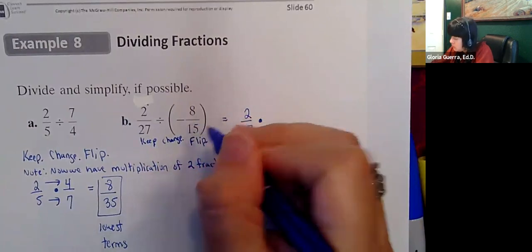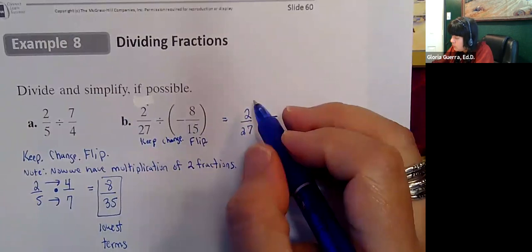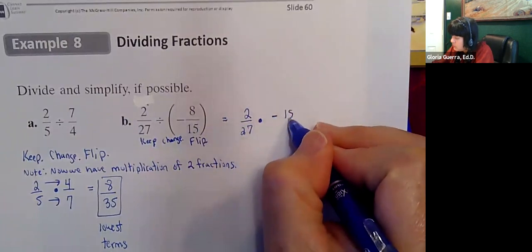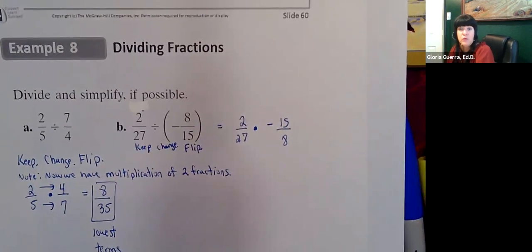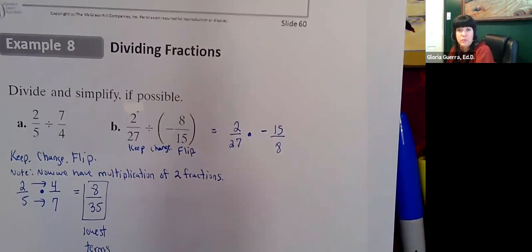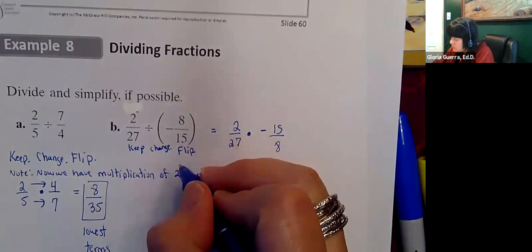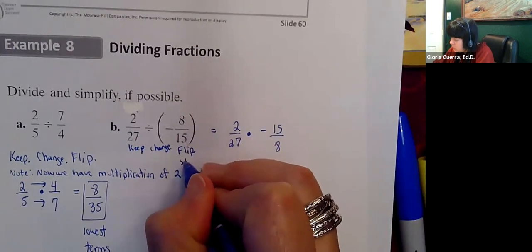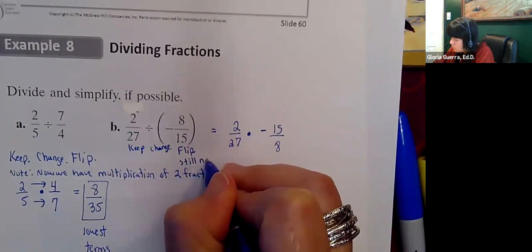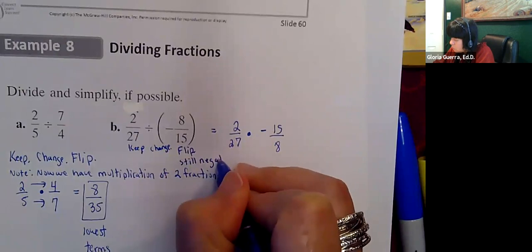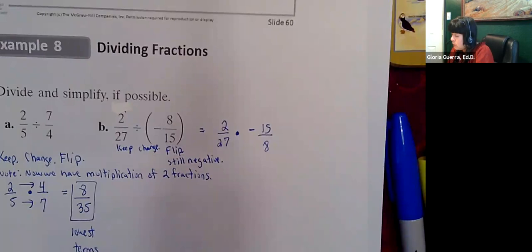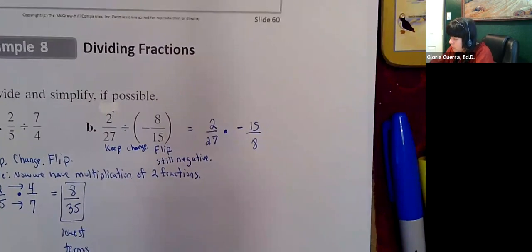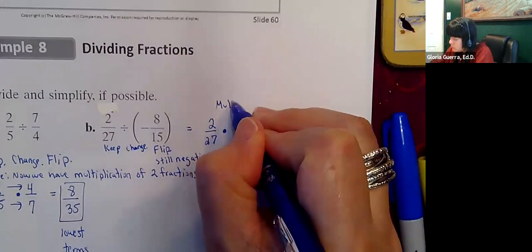Negative 18 over 15 is still negative, but 8 over 15 becomes 15 over 8, so you flip, and it's still negative. You don't change the sign, you just flip it. Now you want to multiply straight across.